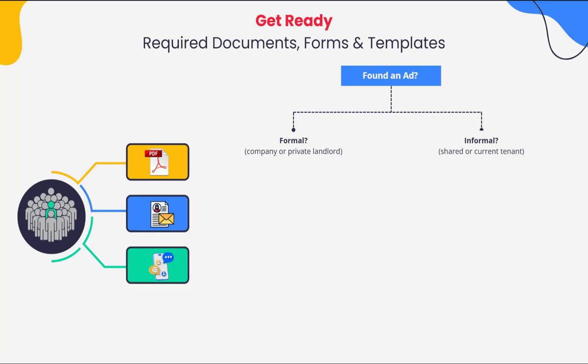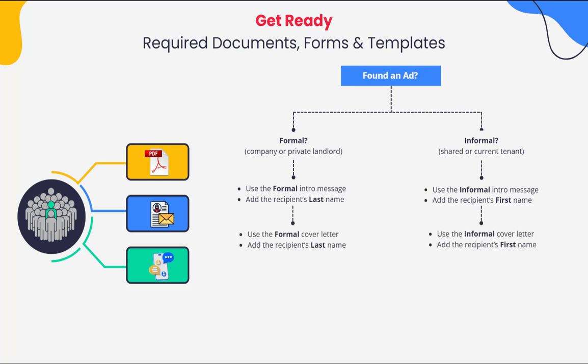If it's formal, use your formal introduction message and address the recipient by their last name. If it's informal, use your informal introduction message and address them by their first name. Next, go to your cover letter. For formal ads, adjust it to include the last name of the landlord.